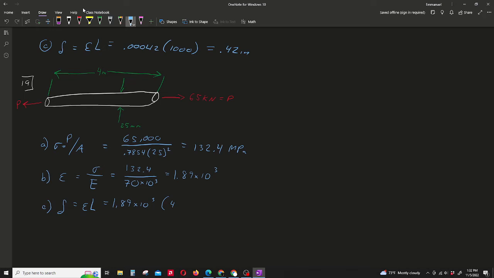And this, we're going to have to convert so that it's in millimeters. So let's just do that. And so therefore the total is 7.56 millimeters.